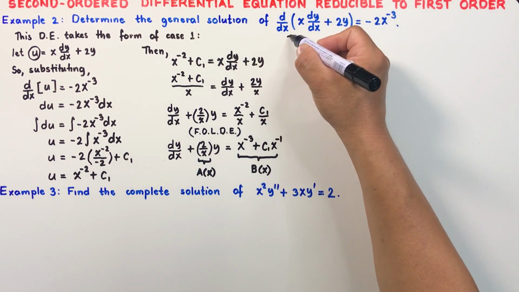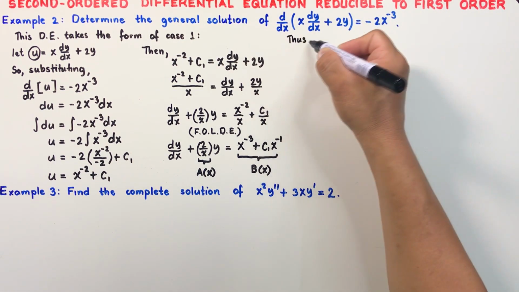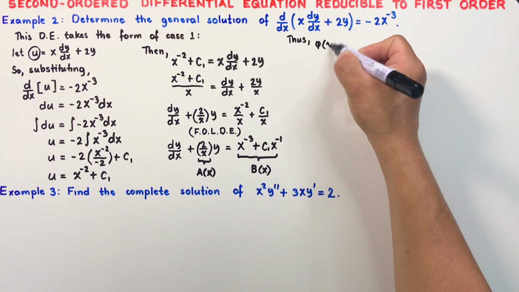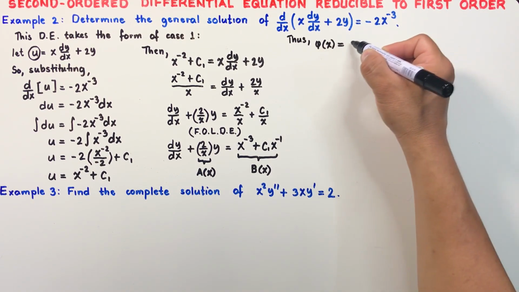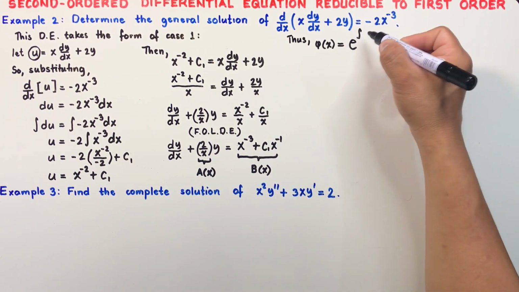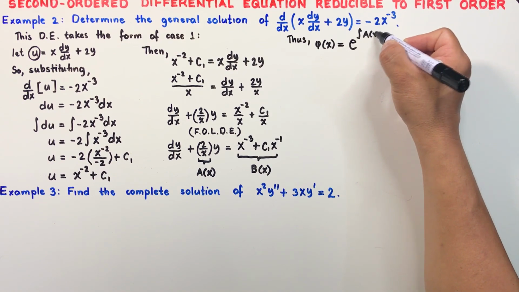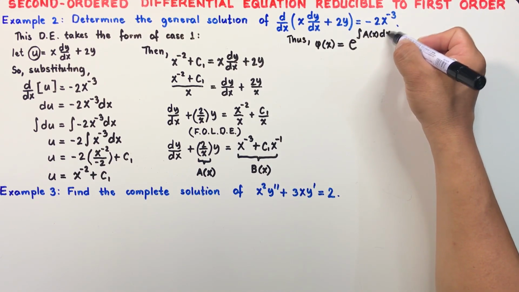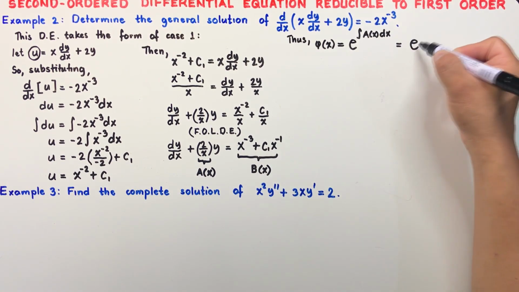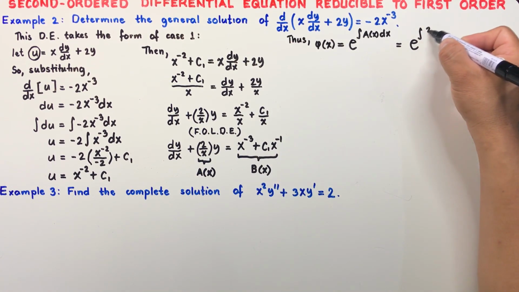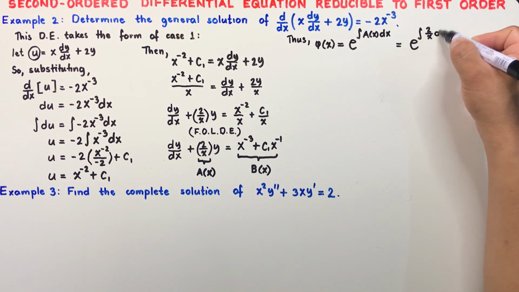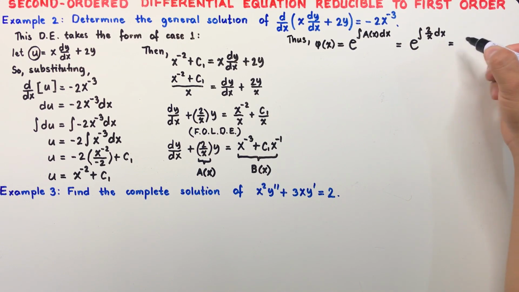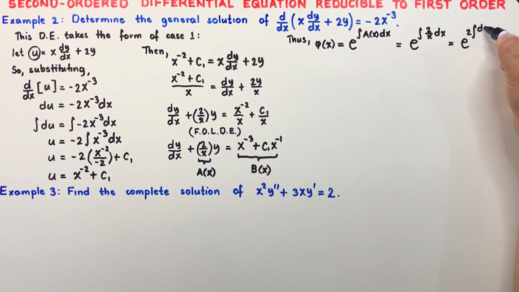Thus, our integrating factor, which is the phi of x, is equal to e raised to the exponent of the integral of a of x dx. And we know that our a of x is 2 over x here. So factoring the 2 outside the integral symbol, we have 2 times the integral of dx over x.